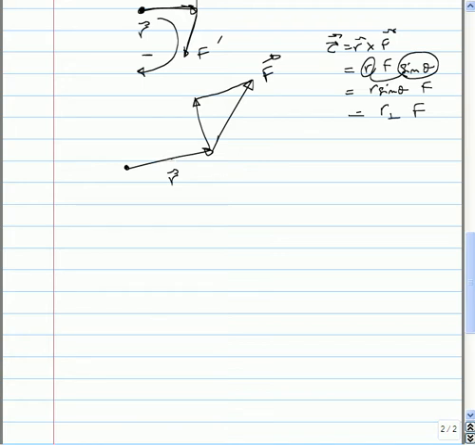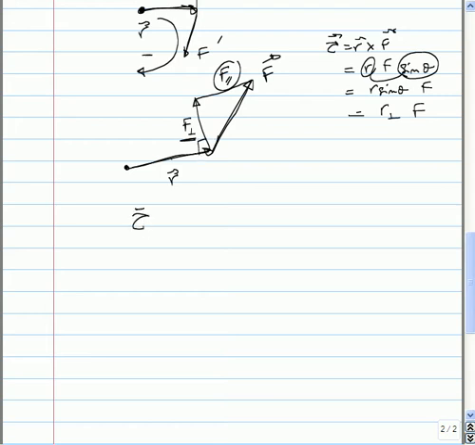Okay, so let's imagine that you have your vector r and your vector f. What you can do is decompose your vector f into two components, f perpendicular and f parallel. Now you know that the only component of f that will give you the cross product is not this one, but the one perpendicular to the vector r.